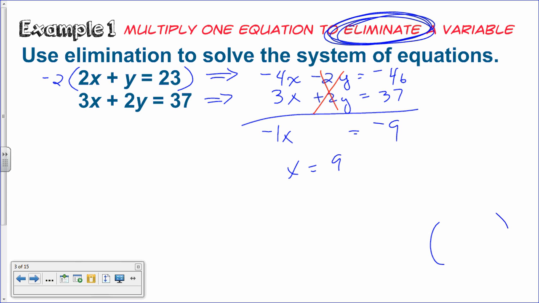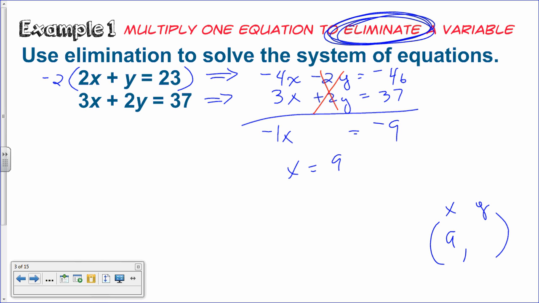Okay, so now I've got the x. I need to find the y. What's the last step? Substitute 9 for x. Okay, which one? The top? The top modified one? Can I do this one? Can I even do that one? Yeah. Okay, I could even do the revised one if I wanted to. Nobody ever does because those numbers are a whole lot bigger than these ones right here, right? Not to mention, what am I finding?